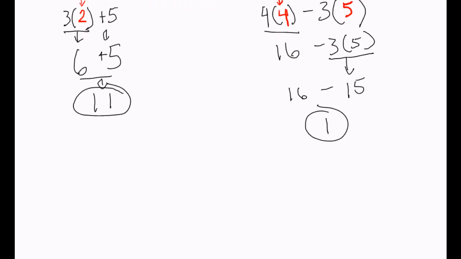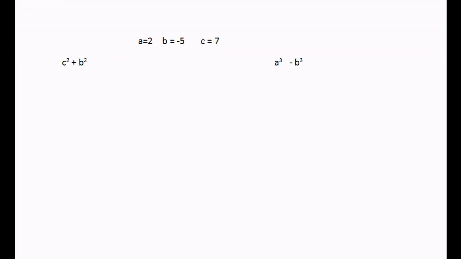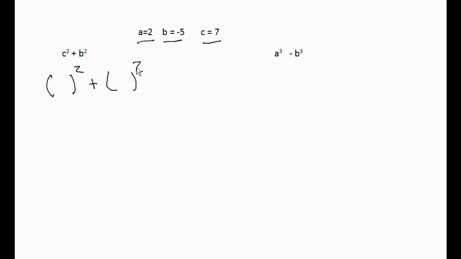Okay, I have a new set of numbers for A, B, and C. This time, A is 2, B is a negative 5, and C is 7. Let's try this. Step 1, put a parentheses everywhere you see a letter. C squared plus B squared. So I put a parentheses everywhere there's a letter.